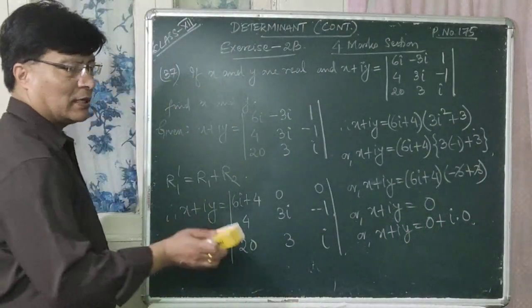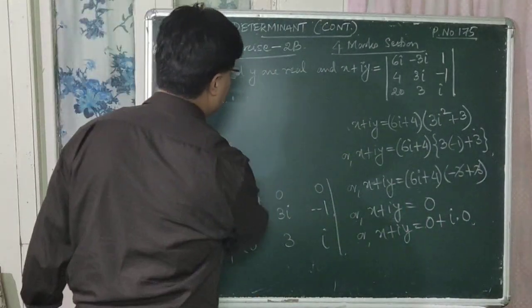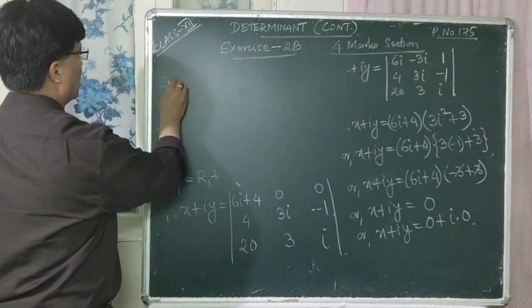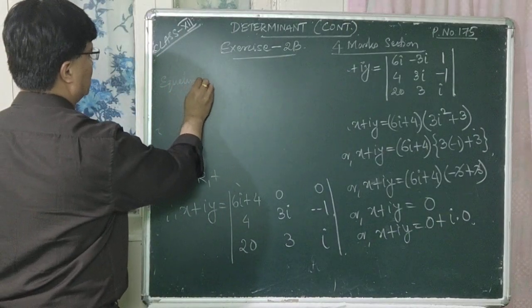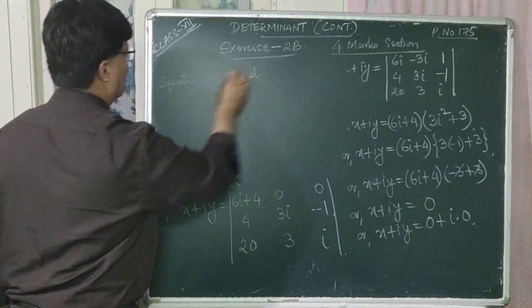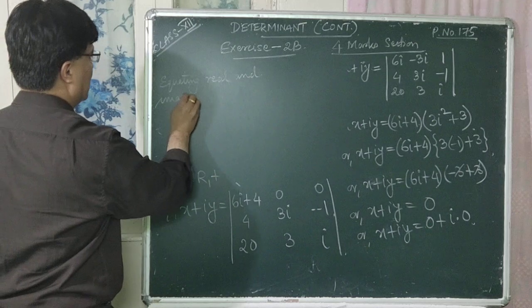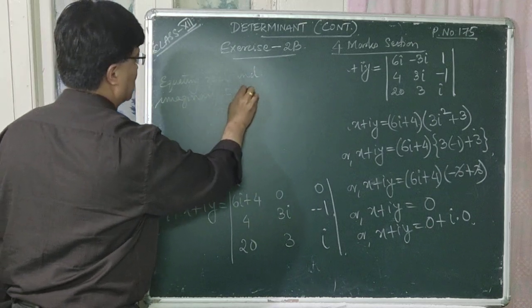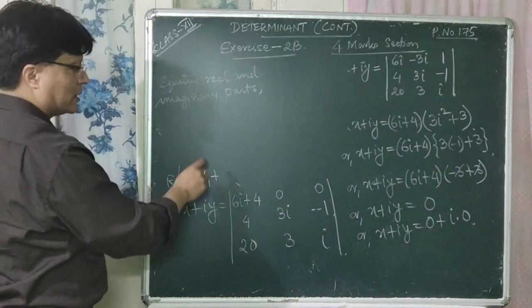So now you have to write down, equating real and imaginary parts. So what do we get?